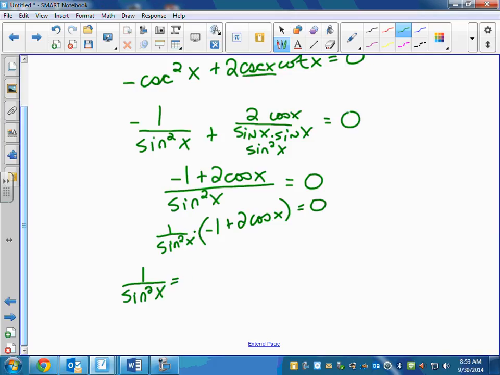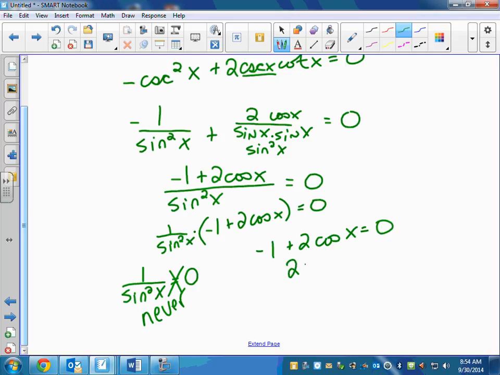Then I broke up that multiplication and set each one equal to 0 to solve it. This is an example of a problem where you could have just multiplied the denominator over and it would have canceled out, but sometimes it doesn't, so I didn't want to tell you to do that. But when would this equal 0? It's never going to equal 0 because we can't have something that makes 0 in the denominator and 1 on the top. So this really is not important to this problem.